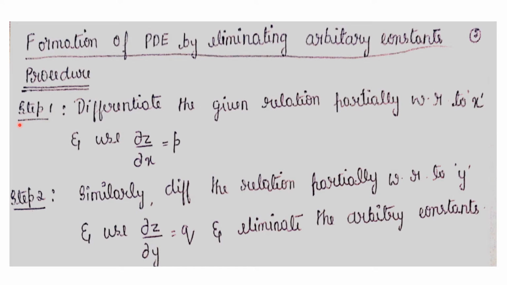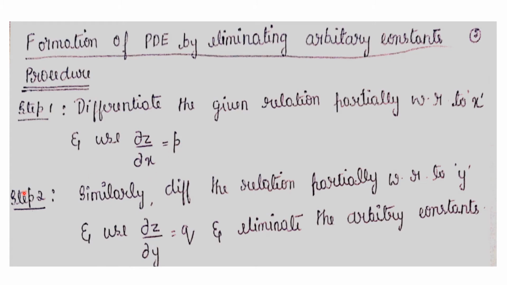Step 1, you need to differentiate the given relation partially with respect to x. An equation z equal to some expression in x and y will be given to you. When you differentiate z with respect to x, you get dou z by dou x, and you write it as p, because we know from the notation on the previous slide that dou z by dou x is equal to p.